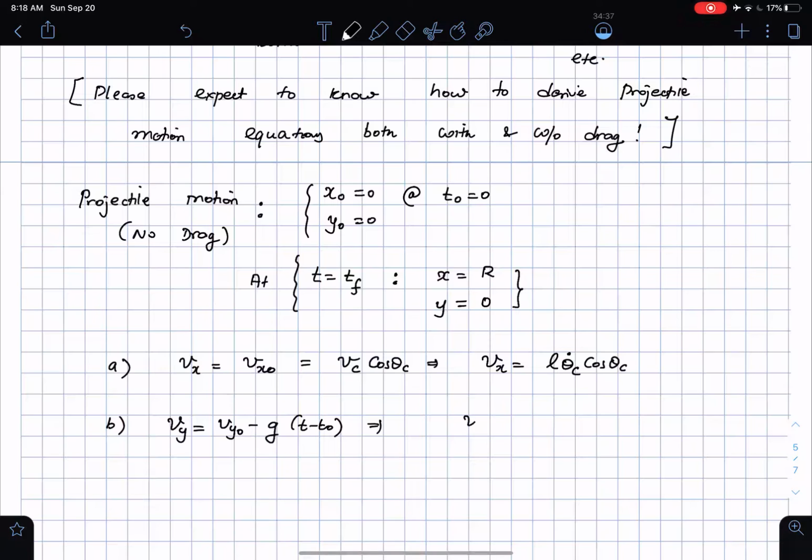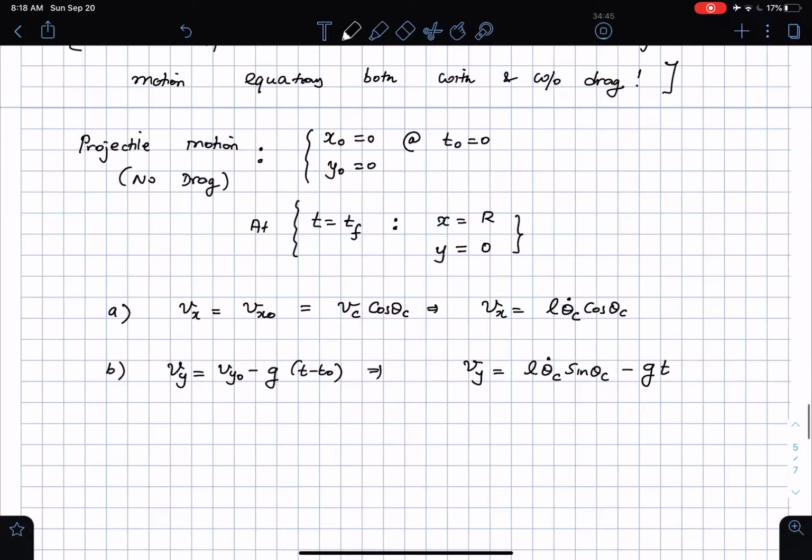If I do the substitutions, vy is going to be L theta dot c sine theta c minus g times t. Then x is equal to x naught plus vx naught times t minus t naught, which means that x, with x naught gone, is going to be L theta dot c cosine theta c times time t.